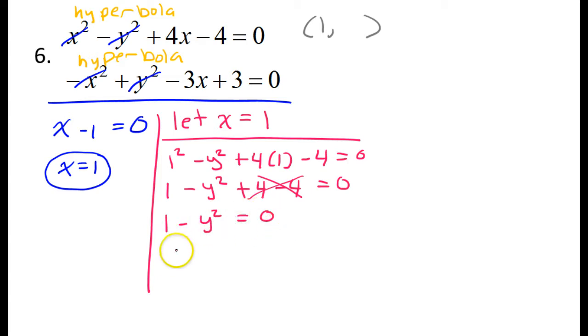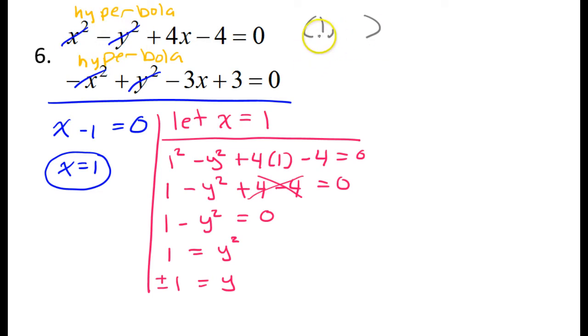Adding y squared to both sides gives me 1 is equal to y squared. Taking the square root of both sides, I will have y is equal to plus or minus 1. Don't forget to put plus or minus whenever you take the square root of both sides. So because I have two y values, I'm actually going to have to write my original x value twice.